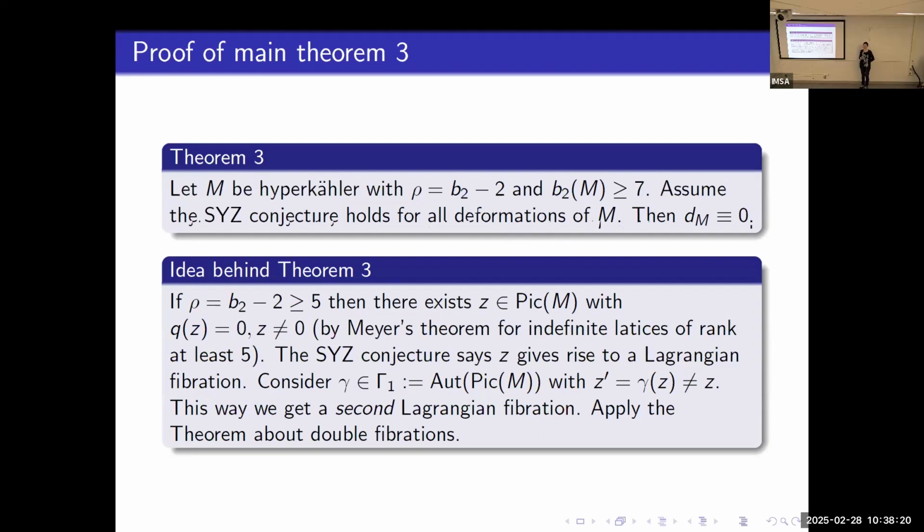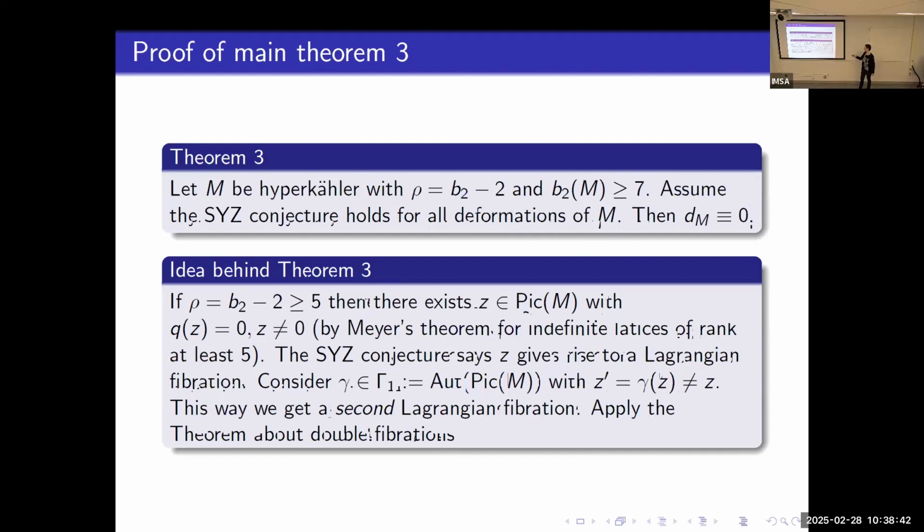And then there is this theorem about lattices. If you have an indefinite lattice of rank at least 5, it has an element with vanishing self-intersection with respect to your form. In our case, it's the Beauville-Bogomolov-Fujiki form.